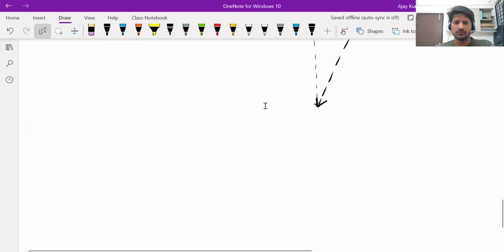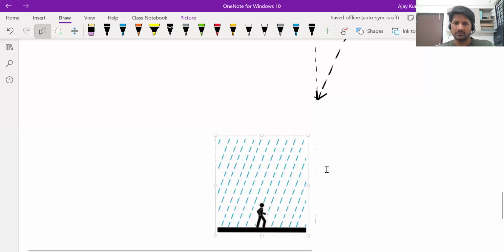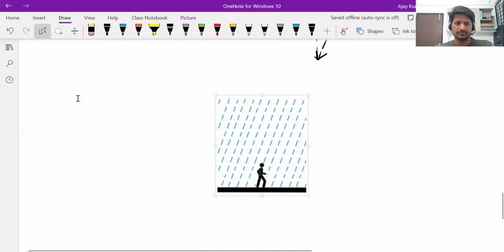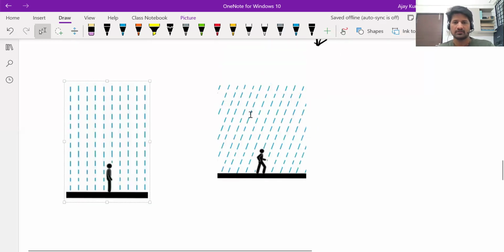Okay, when the person moves to the right, this is how the raindrops appear to fall. Actually, they were falling vertically downward. I'll copy that diagram also.